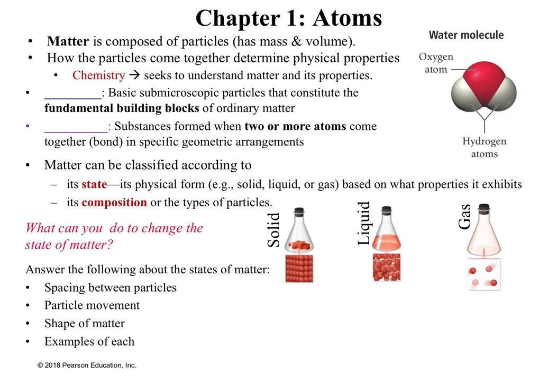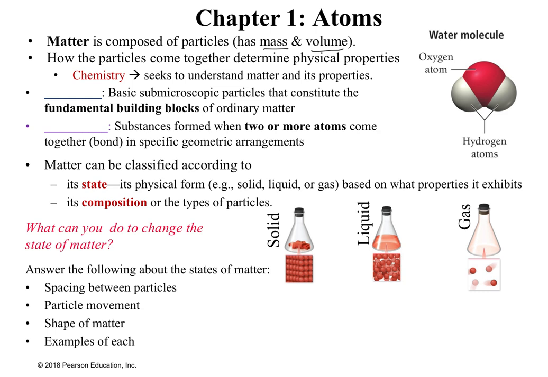In this course, we're going to learn chemistry from a bottom-up approach, starting with the most basic units, which is atoms. So we know that matter is composed of particles, small particles, and each of those particles has mass and volume.